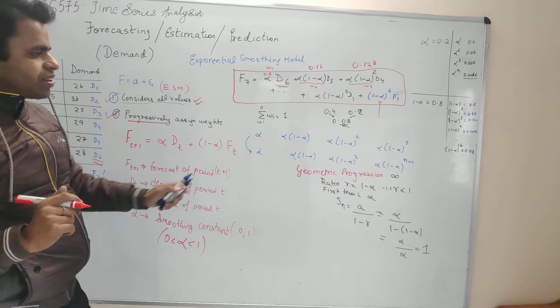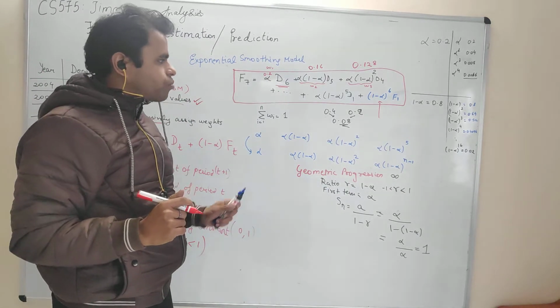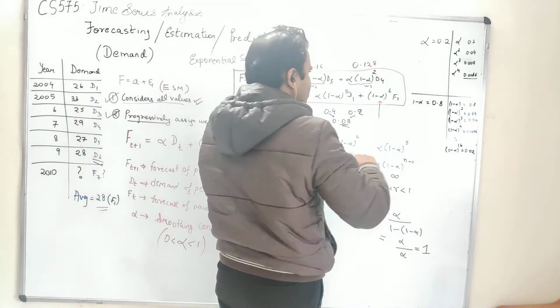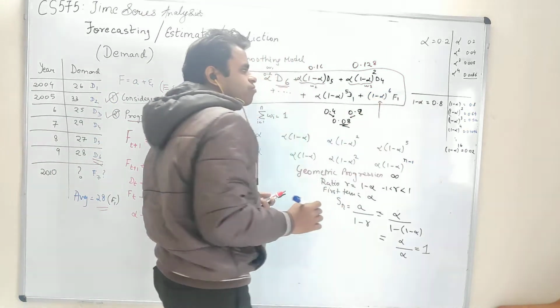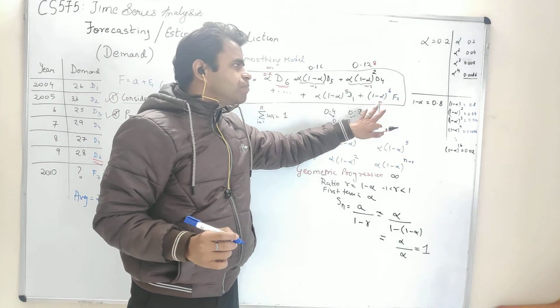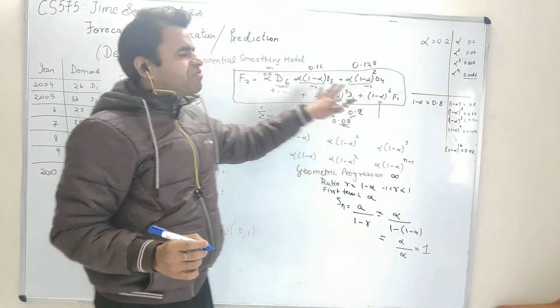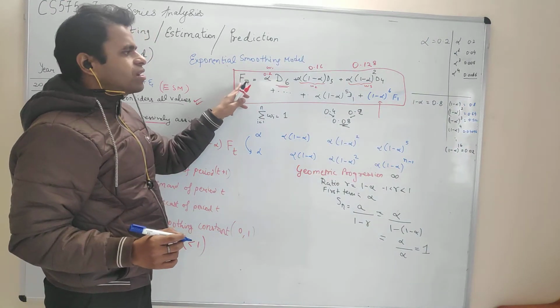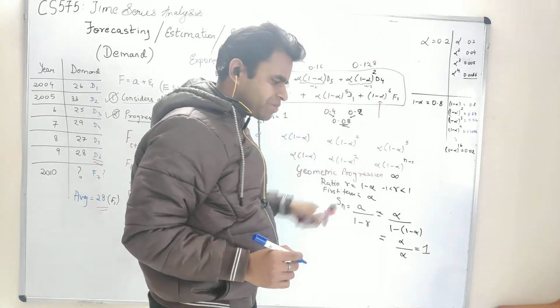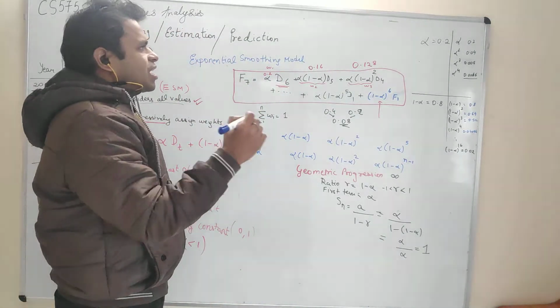I hope this is clear. The sum of the geometric progression is also one, that is also clear. So technically you can get rid of this term 1 minus alpha, because this will be tending to 0, or even if you keep this term, it will have a very small effect for large values of n. Fine. Now let us see how to choose the value.